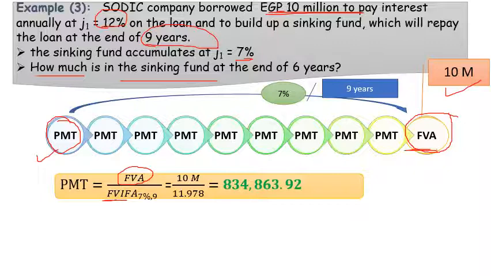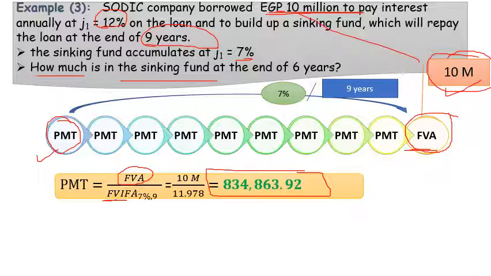So 10 million over 11.978, we will get 834,863 Egyptian pounds, which means at the end of each year, the company will deposit 834,863 Egyptian pounds to grow at 7% for 9 years to accumulate 10 million and use this amount to repay the loan.